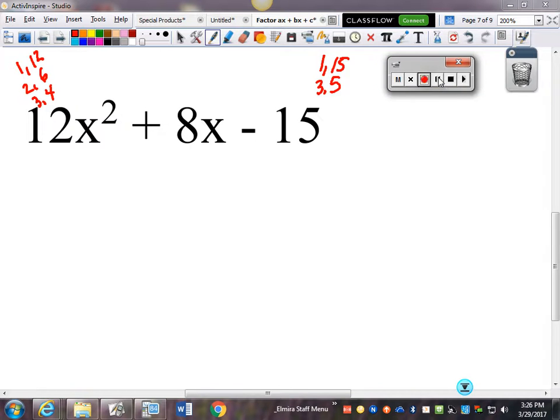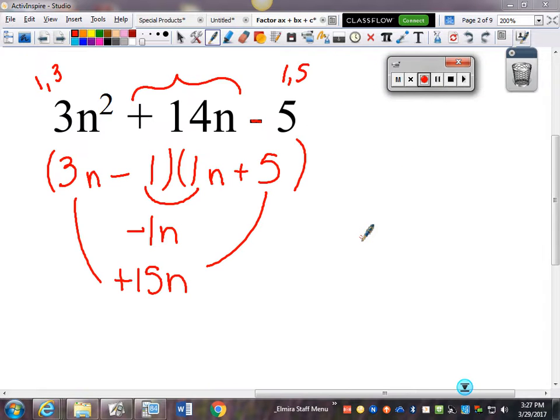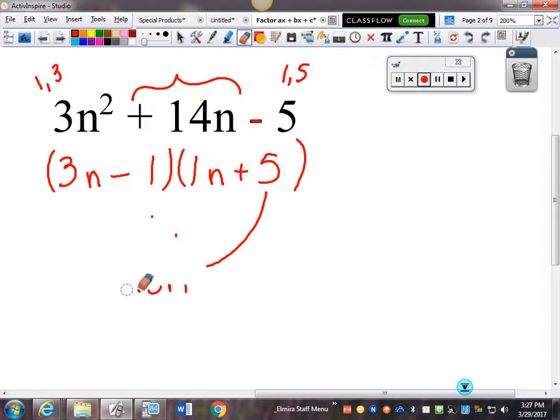So we have an alternative method that you can use. Going back to this problem, we came up with the final answer. Let me erase some of these extraneous markings here. There we go, 3n minus 1 and 1n plus 5, and that's what ends up working in this problem.